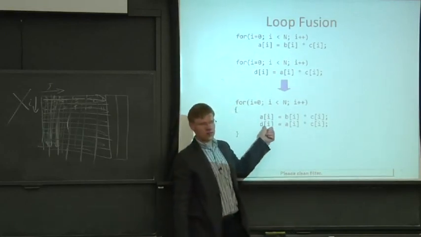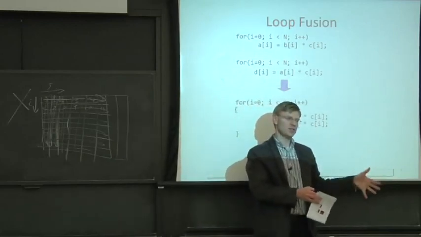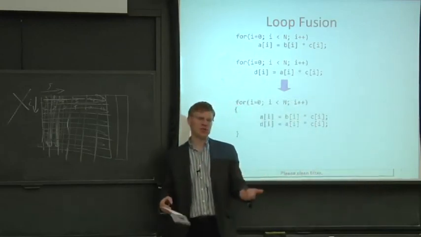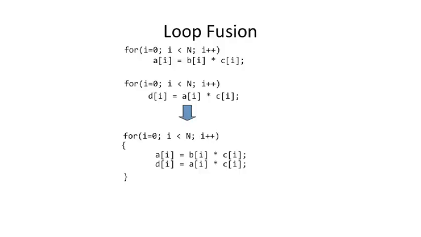And then you can write it over into D of I and stride through all those cache lines together, and effectively you are not having to refetch A of 0 multiple times. Instead, you've fetched it once. And what's also nice, you don't have to refetch, let's say, C of I twice, or C of 0 twice. It's already there in your cache. OK, so the question comes up here, what type of locality does this improve?